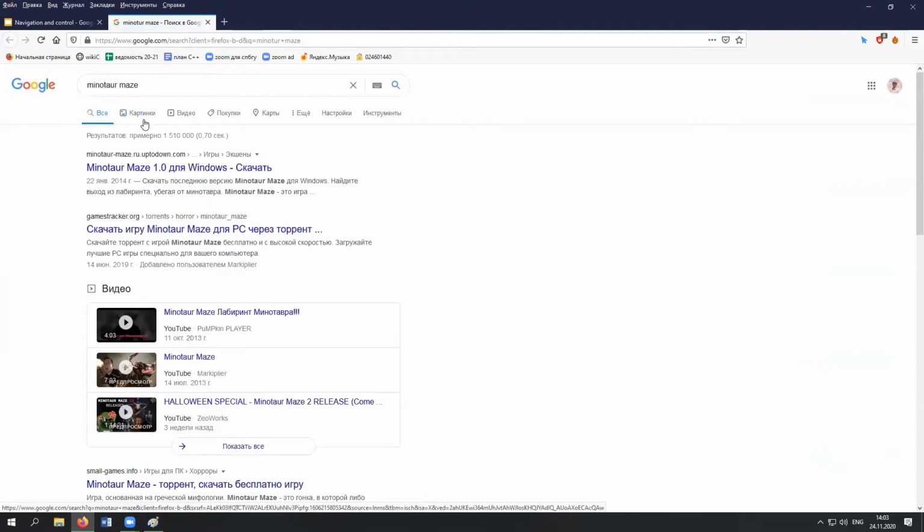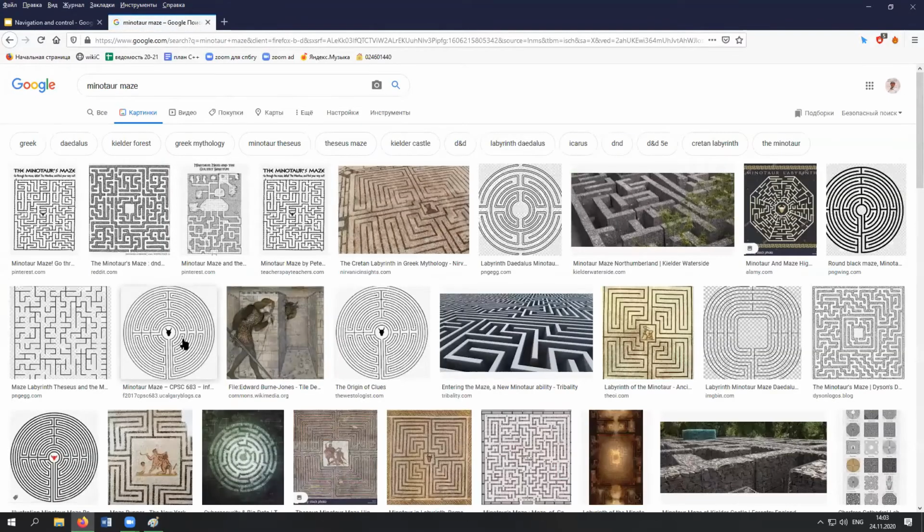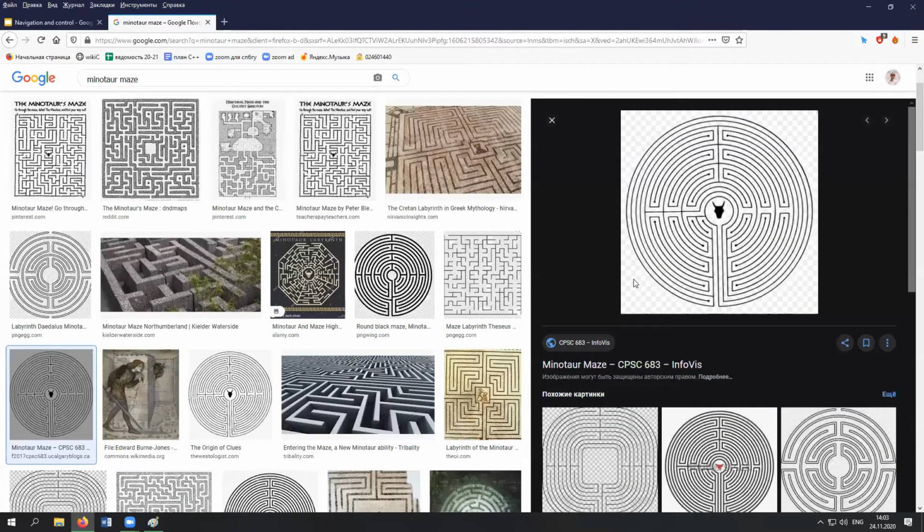There is an interesting fact about the Minotaur maze. In ancient Greece, there was a maze. I don't remember exactly which hero, but they thought that there was an infinite maze. Let's consider that its radius is several kilometers, and it was said that this maze drove crazy everybody who tried to solve it, because it was so large, and you have to move through very long distances with no changes.